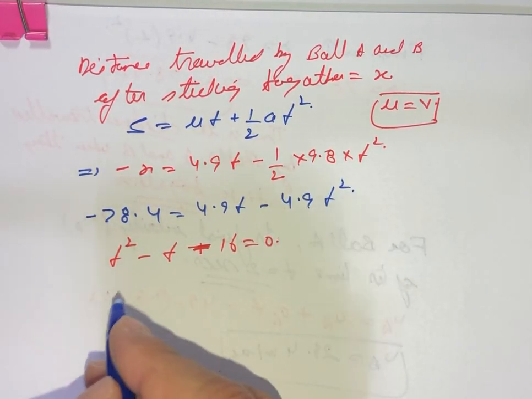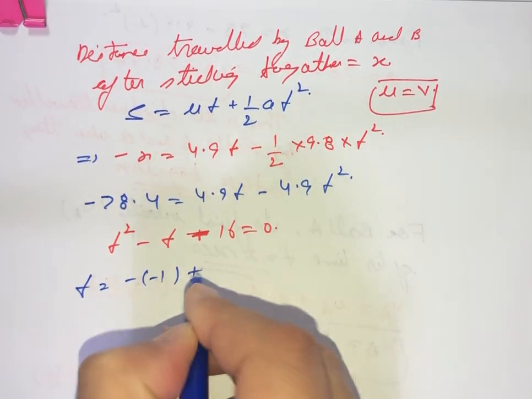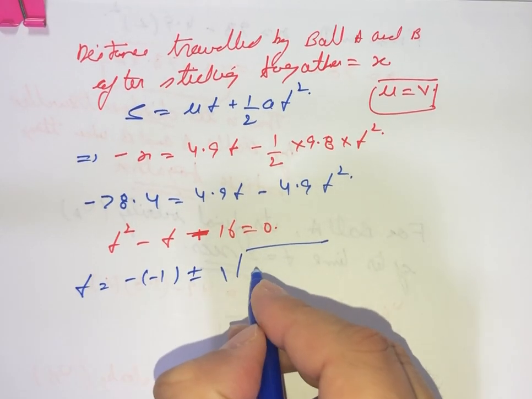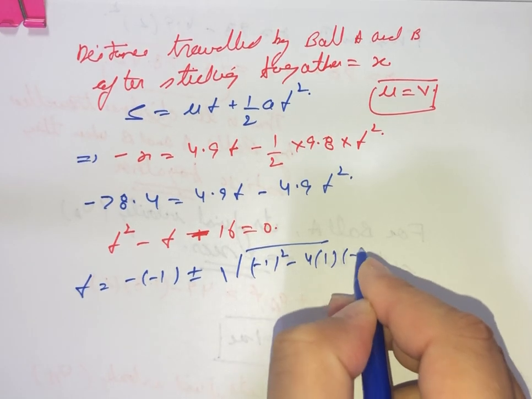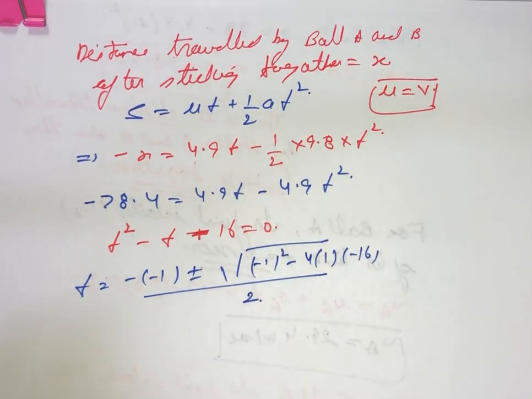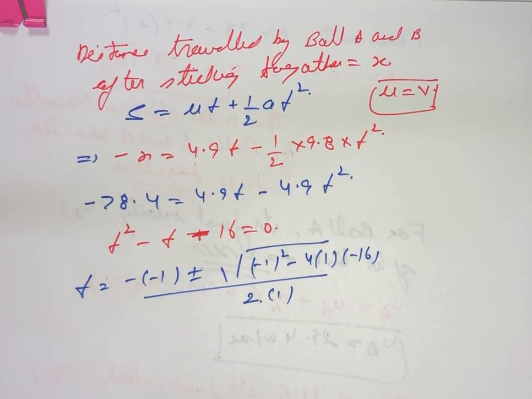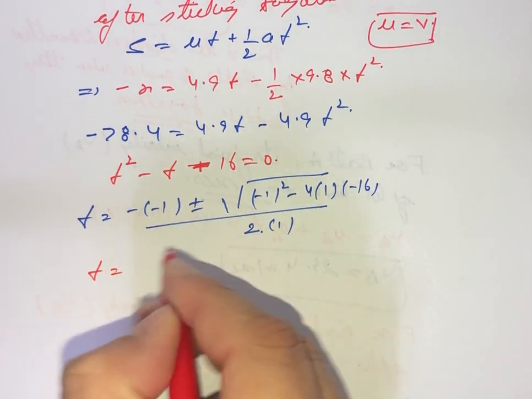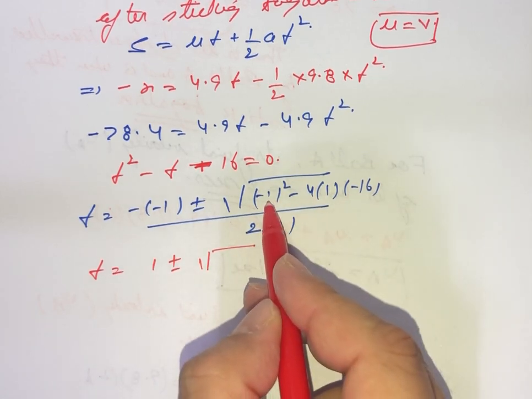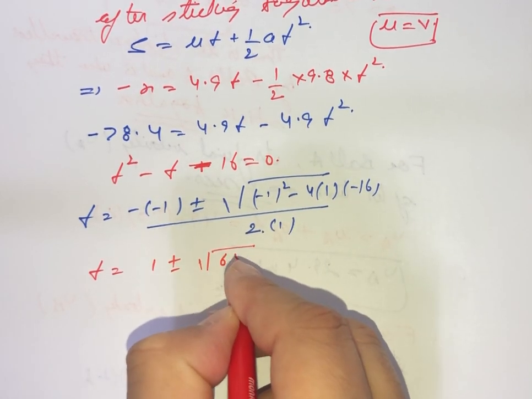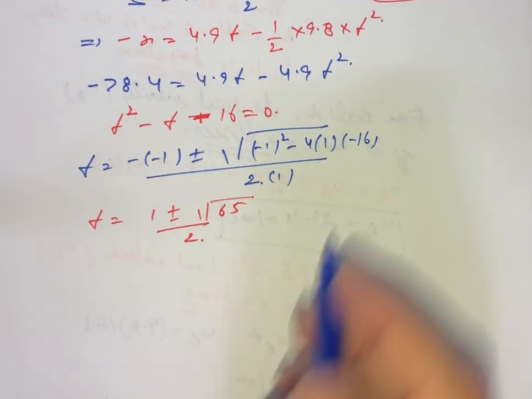So we get t is equal to minus b plus minus square root of b square, that is minus 1 whole square, minus 4ac, divided by 2a. So we get t is equal to 1 plus minus square root of 65 divided by 2. So obviously we are going to take t as positive.